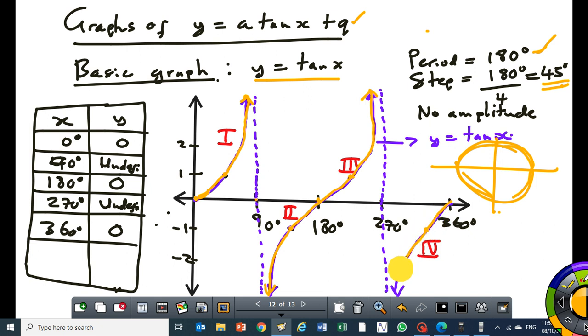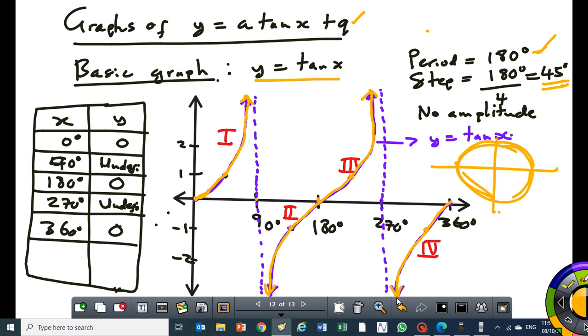Then you end up having two tan curves between 0 and 360 degrees. The period of a tan graph is 180 degrees. So from 90 to 270, that's 180 degrees. So we have a full tan curve. Between 0 and 90, that's half of the period, so we've got half of it. Between 270 to 360, we've got another half, so we've got a second half. This half here and that half will give you a complete one, which looks like that.